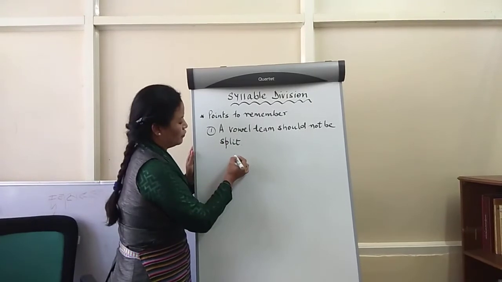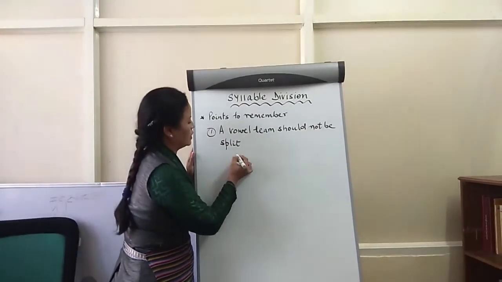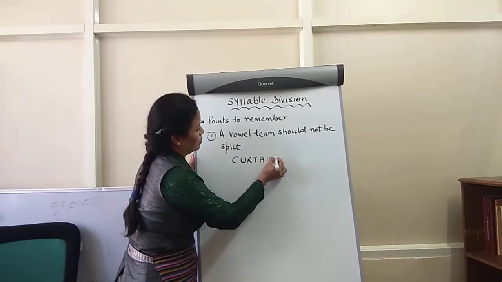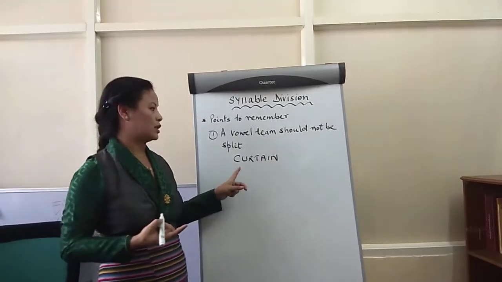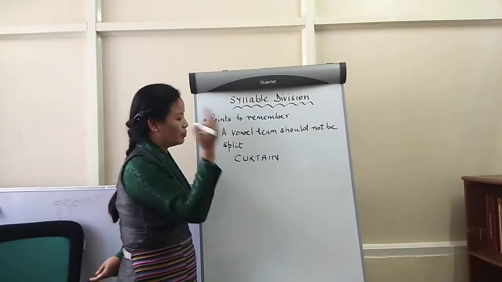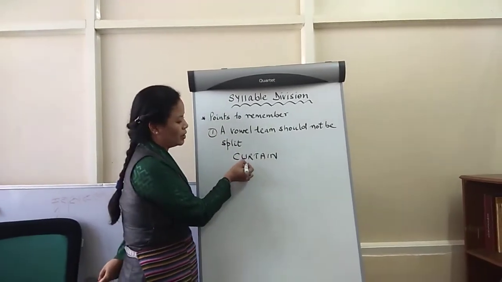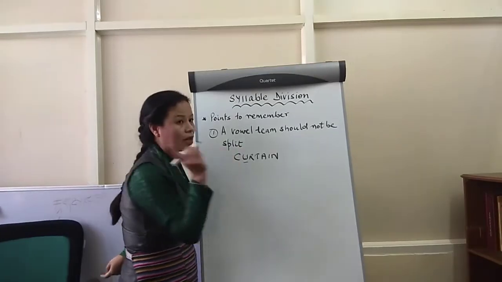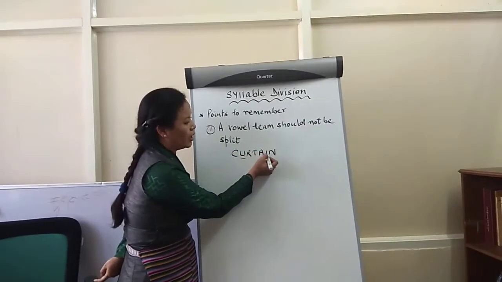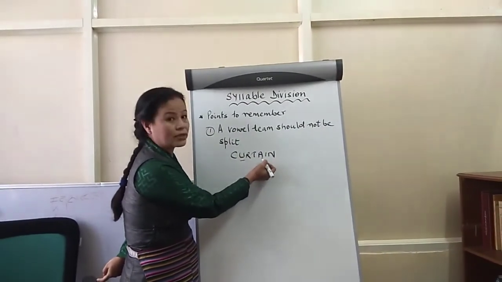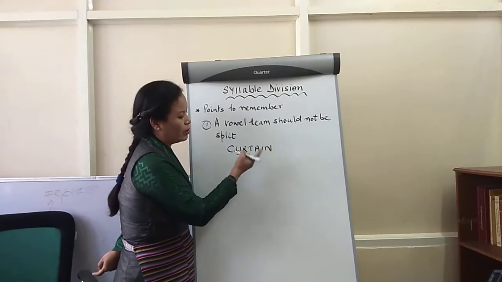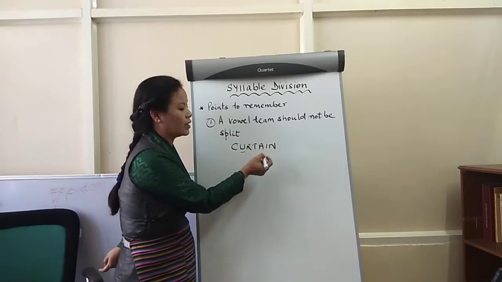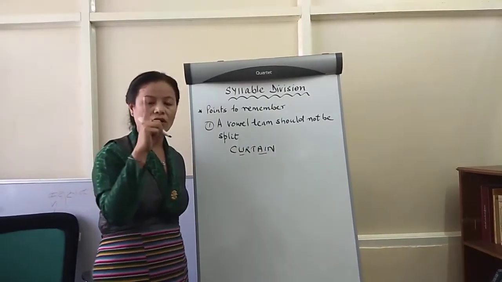For example, if we have a word like curtain. If you remember my previous video lesson, I told you we have to underline all the vowel sounds. But here, A and I are vowels, and you need to identify this as a vowel team, because A and I together make one vowel sound.